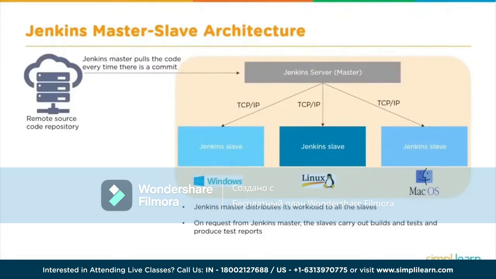The Jenkins server acts as the master environment, and that master environment can then push out to multiple other Jenkins slave environments to distribute the workload. So it allows you to run multiple builds, tests, and production environments simultaneously across your entire architecture. Jenkins slaves can be running the different build versions of the code for different operating systems, and the server master is controlling how each of those builds operate.